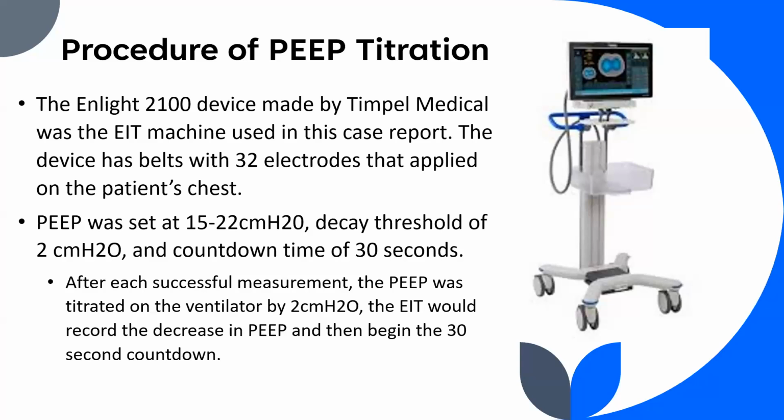That's just a fancy way of saying that whenever we made our PEEP titrations, the PEEP was decreased by 2 centimeters of water pressure each time. And then for each of those steps, there was a countdown time of 30 seconds. So we would start at that higher PEEP to recruit the lung, then the machine takes its measurement for 30 seconds and then comes down by 2 centimeters of water pressure of PEEP for each of those measurements.